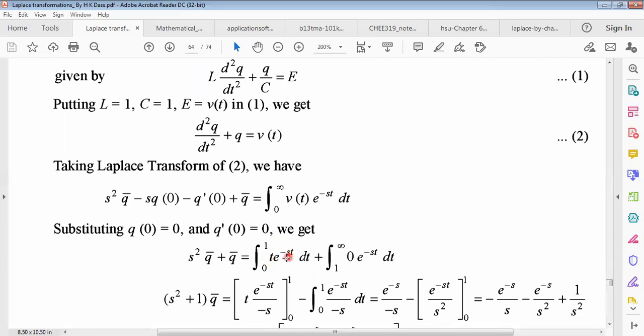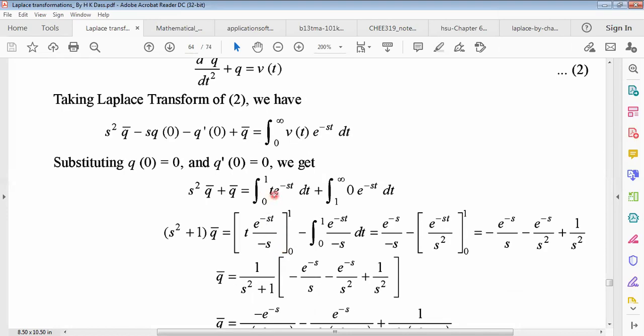Now using the UV process of integration: t times the integration of e to the power minus st, minus the differentiation of t, which is 1, with respect to t, and again the integration of e to the power minus st. So we get e to the power minus st divided by minus s, and another integration here. So we get minus 1 over minus s times minus s, which is s², and the limit will be 0 to 1.